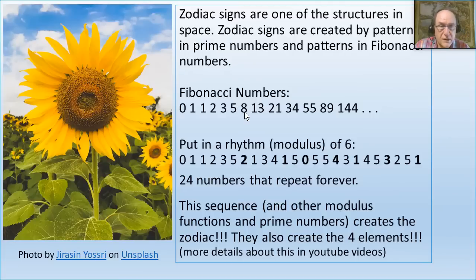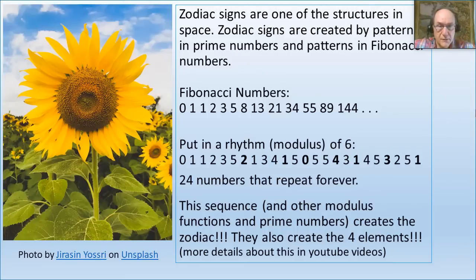That's all it is. You just subtract some number, 6. So we have 0, 1, 1, 2, 3, 5, 8. When we get to 8, we subtract 6 and we have 2. And I put it in bold here. So here are the Fibonacci numbers, and below it are the Fibonacci numbers in a rhythm of 6 we call modulus.